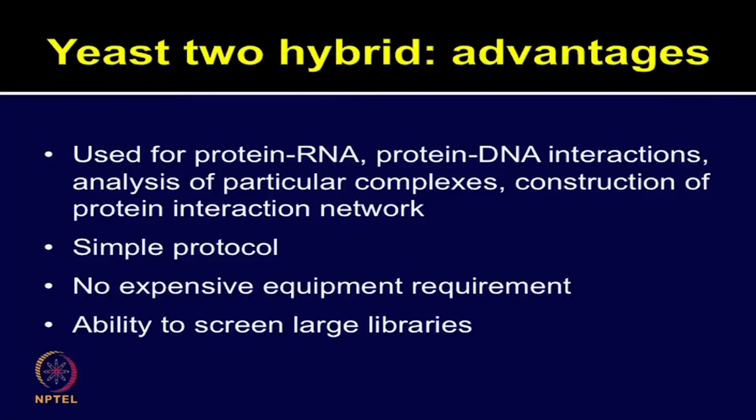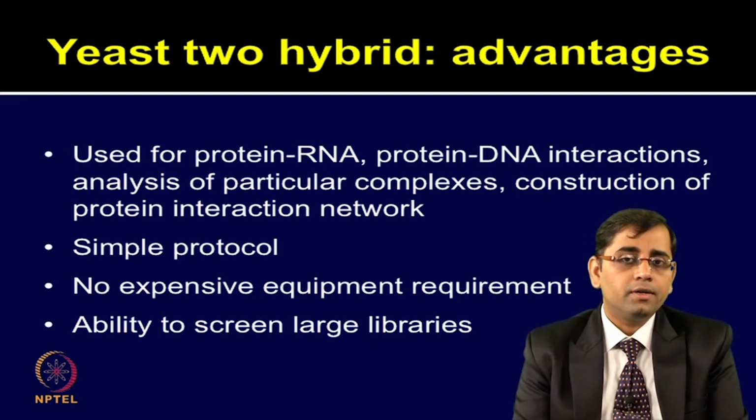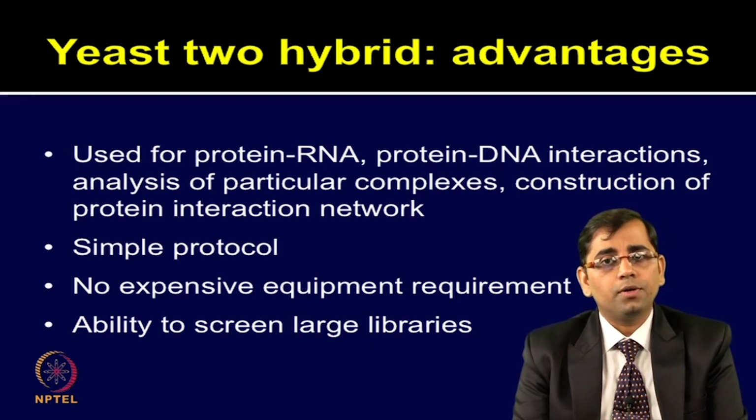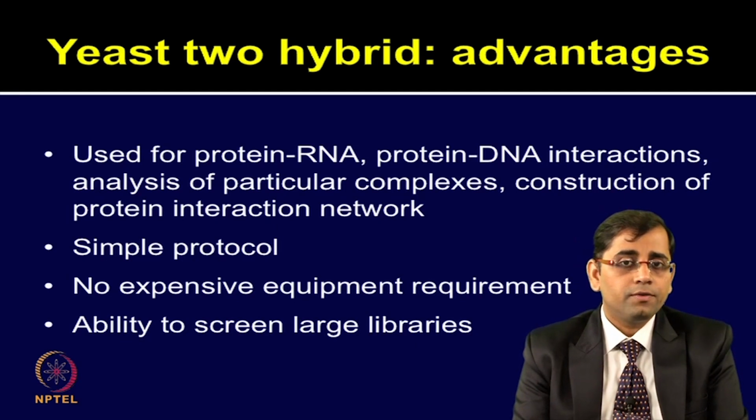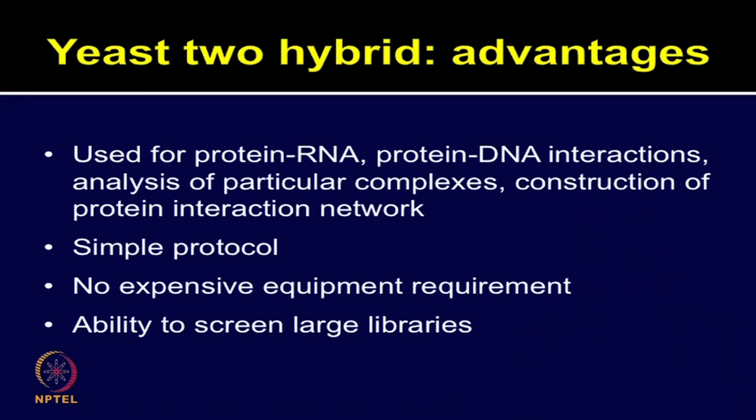As I mentioned, since its inception in 1989, when it was established as a method for studying protein interactions, it has been used for various types of applications to study interactions between protein-RNA, protein-DNA, protein-protein, and to analyze various complexes for studying large protein interaction networks.